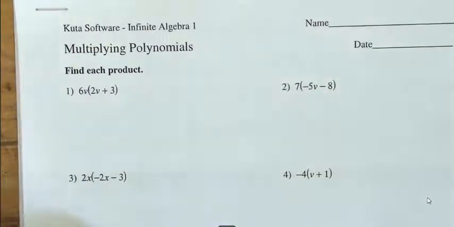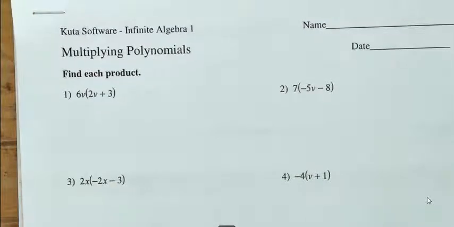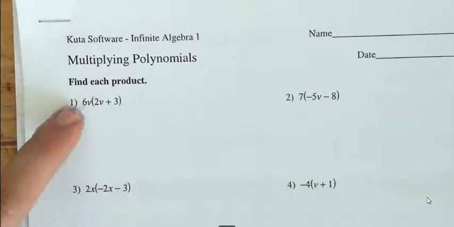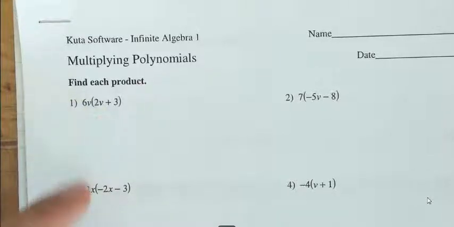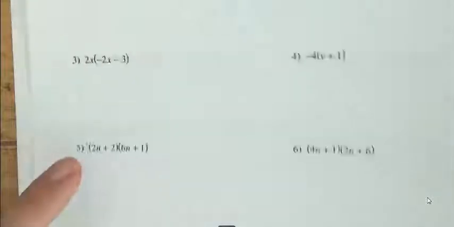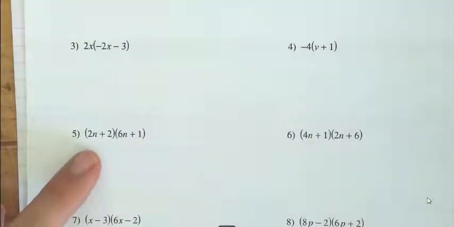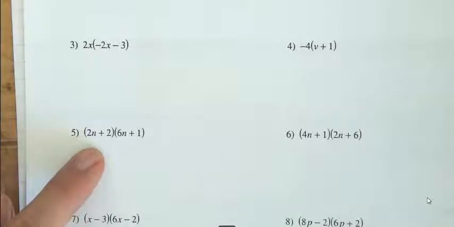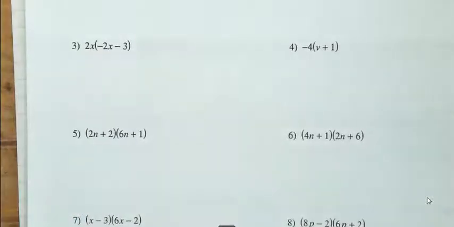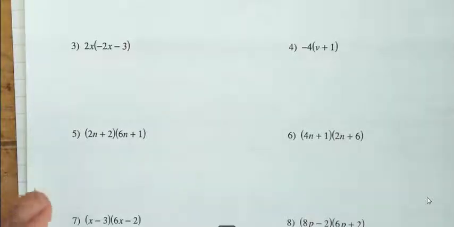All right, so this worksheet right here, multiplying polynomials, that's the one that I want you to do today. So you're going to do 6v, this is a monomial times a binomial, so it's just regular distributing. However, every time that you see two binomials being multiplied together, please, please, please use FOIL. And you can also use the box method, but definitely practice using FOIL.